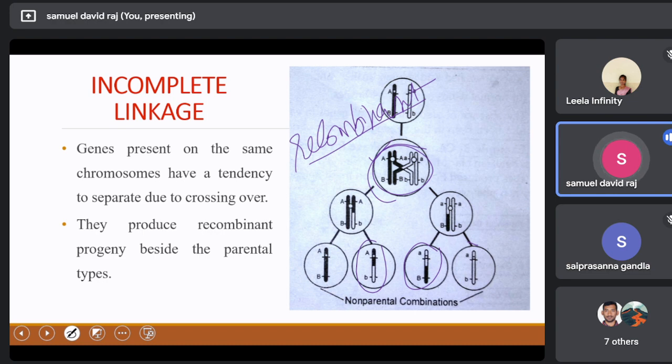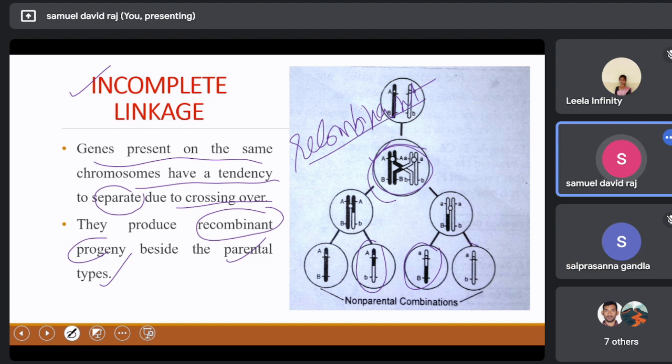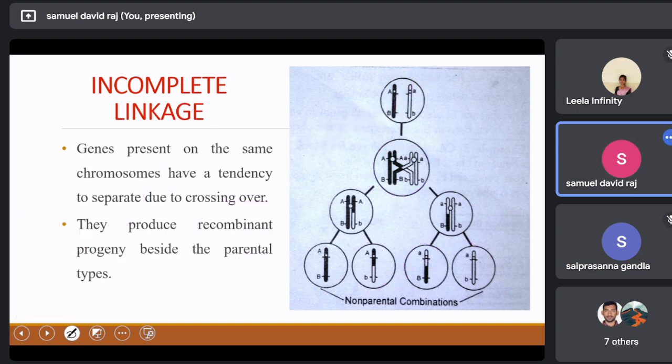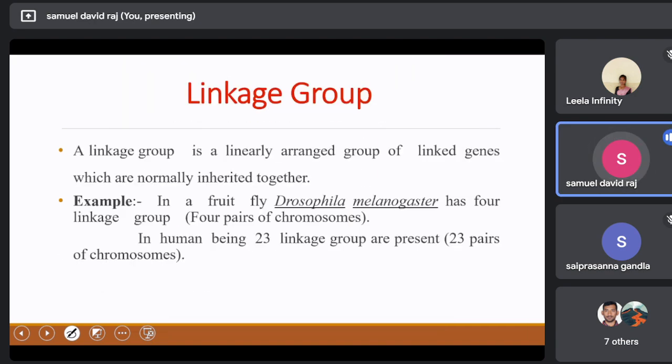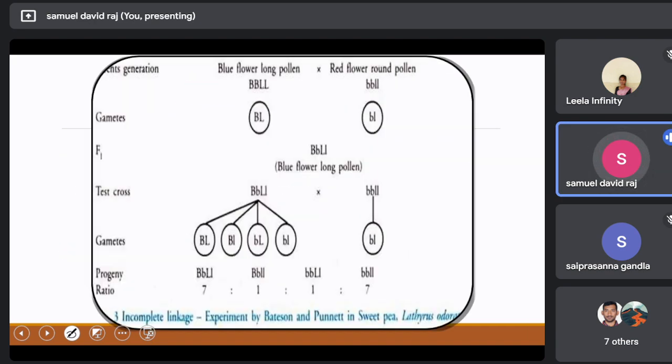And such a linkage is now called incomplete linkage. So genes present on the same chromosome have a tendency to separate due to crossing over, which produces recombinant progeny besides the parental types. And such a linkage is called incomplete linkage. This is the same thing that was observed by Bateson and Punnett.